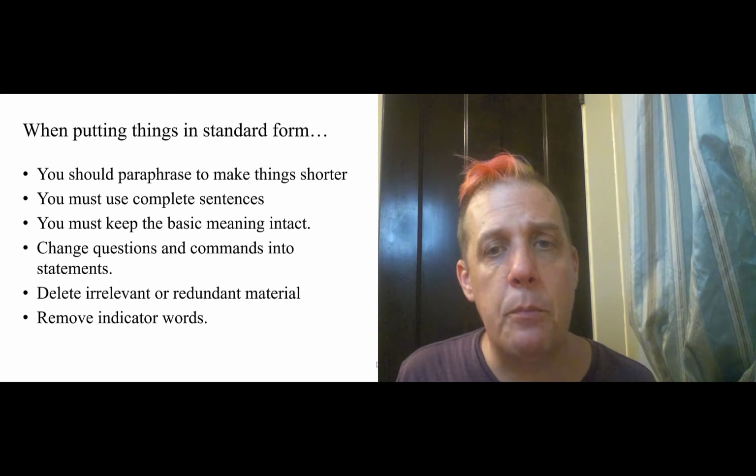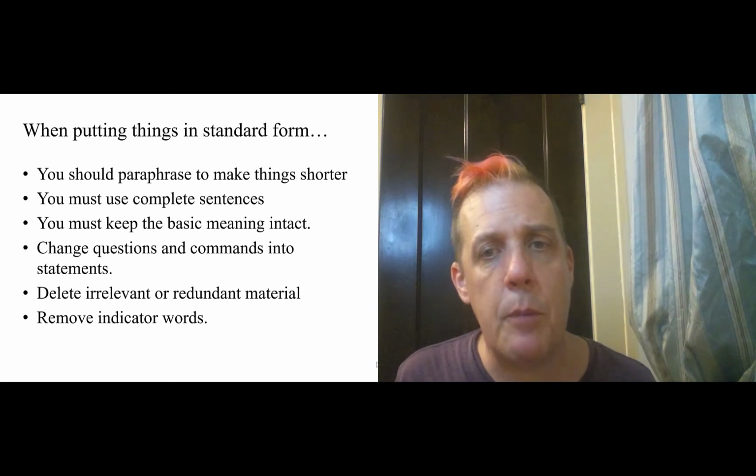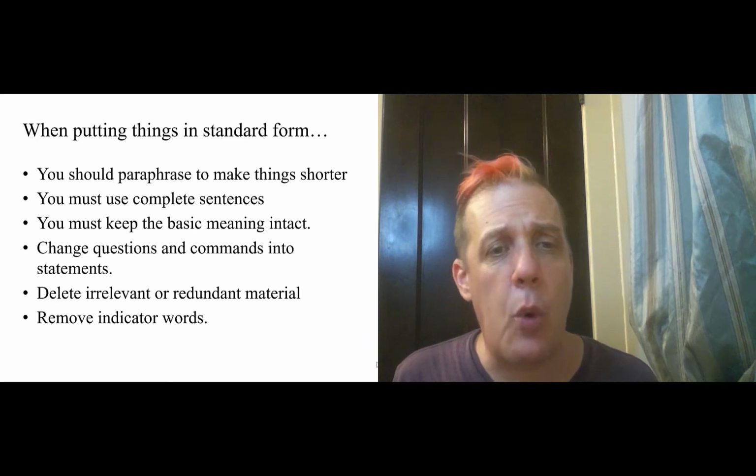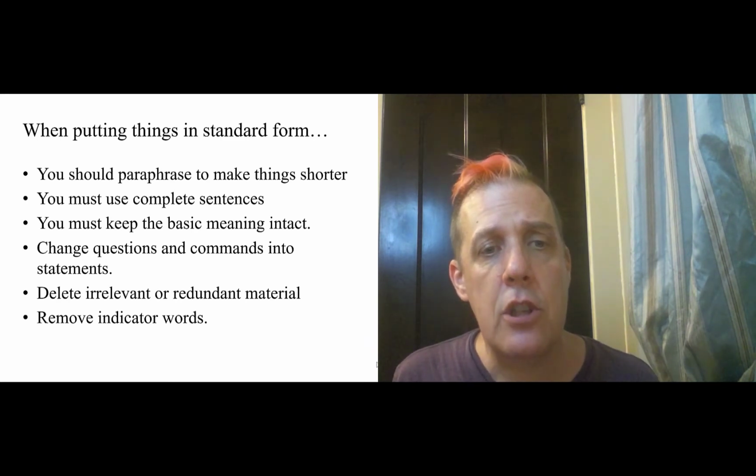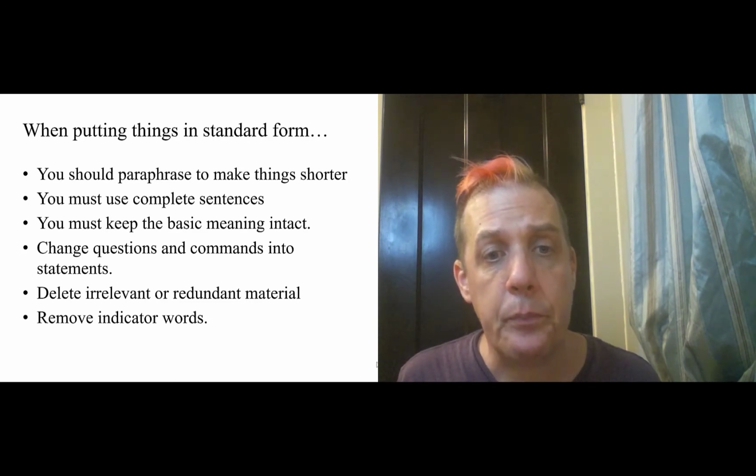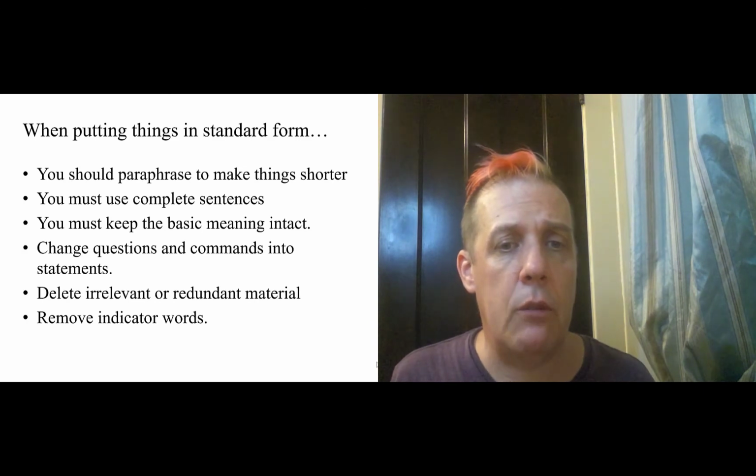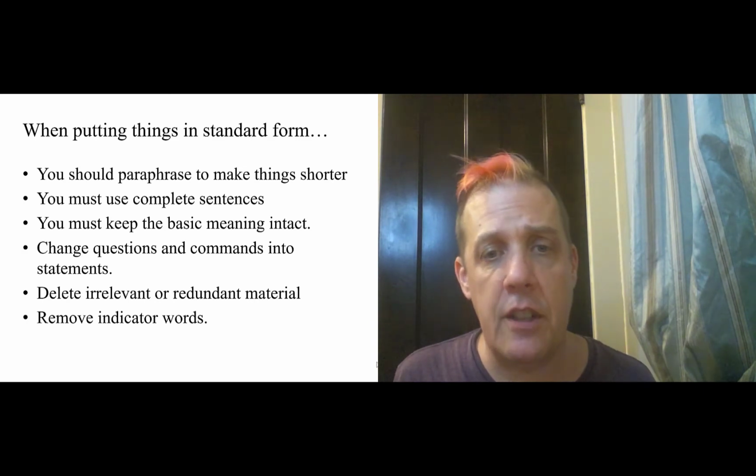But you must use complete sentences and you must keep the basic meaning intact. If you see something that is a question or a command, turn it into a statement, because arguments are composed of statements.